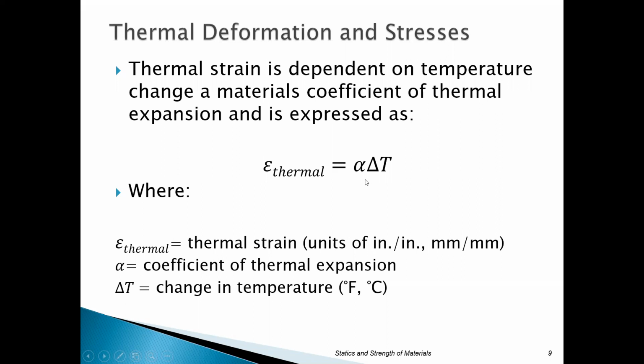Remember, its unit is inch per inch per degree Fahrenheit, and temperature change would be in Fahrenheit. So everything cancels out here, and this is left with a unitless number, or you could consider it inch per inch depending on what your unit is. We normally think of strain as a unitless number, so just watch that. But this is the amount of thermal strain that is generated.